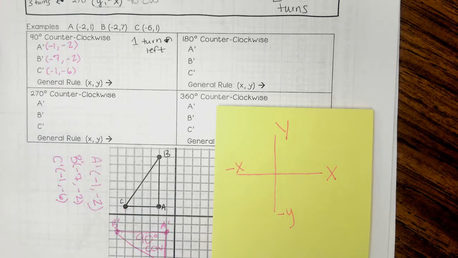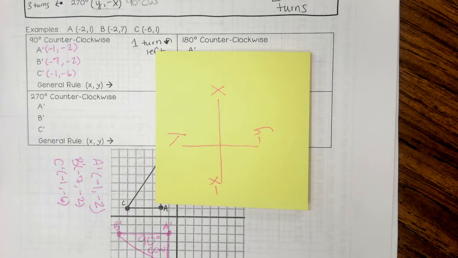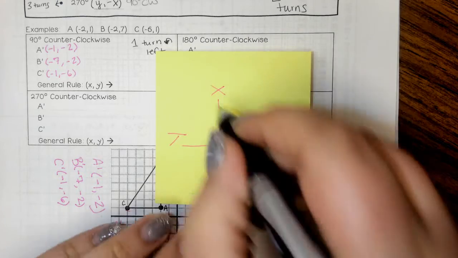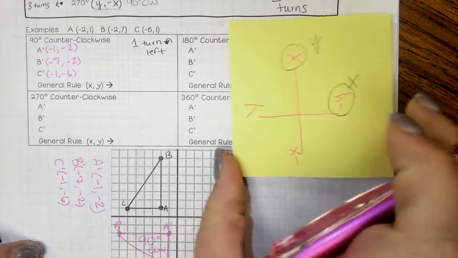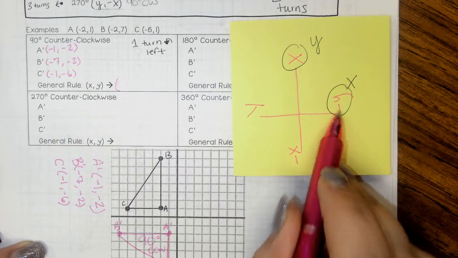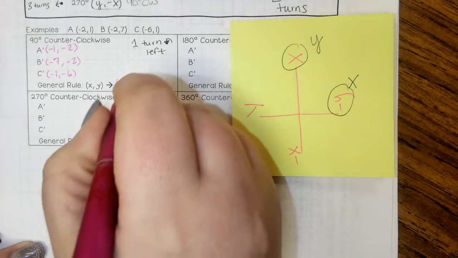We are turning 90 degrees counterclockwise, so one turn to the left. Now, this is my new x values, and this is my new y values. So in my rule, the new first spot says -y. The new second spot says normal x.